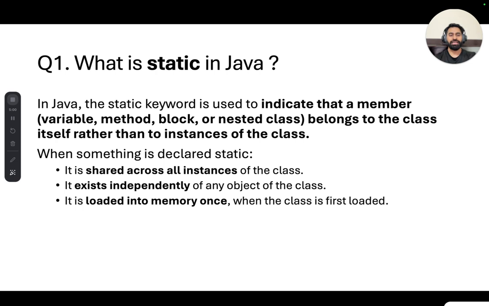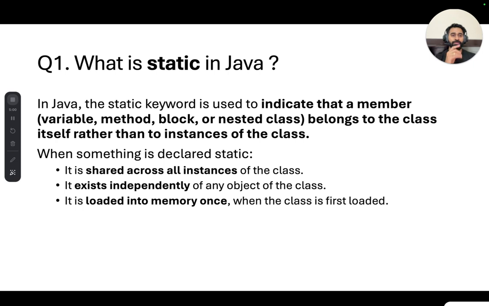We can assign the static keyword to a variable, to methods, to blocks, or to nested classes also. When we declare any variable, method, block, or nested class as static, it means it is shared across all the instances of the class.